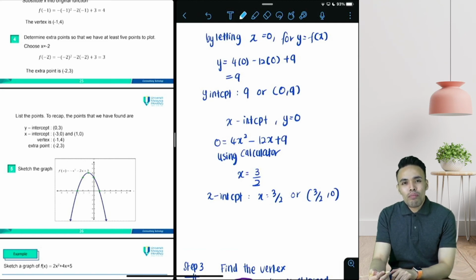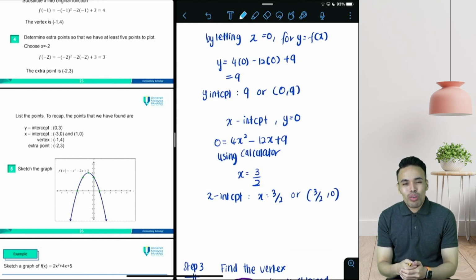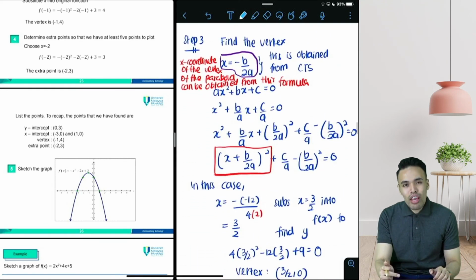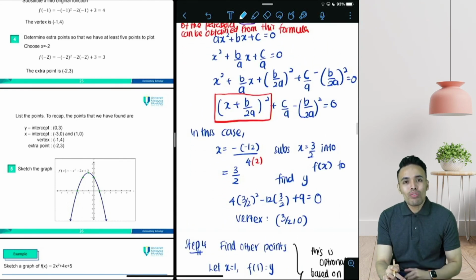Therefore, the x-intercept can be put into point form, which gives you (3/2, 0). Then in step 3, you have to find the vertex. Since we have agreed that it will produce a smile shape, we have to determine the vertex by using this formula. In this case, the vertex is (3/2, 0).